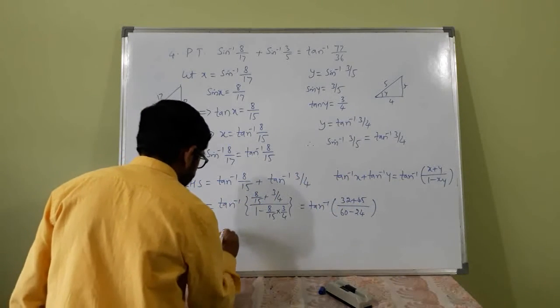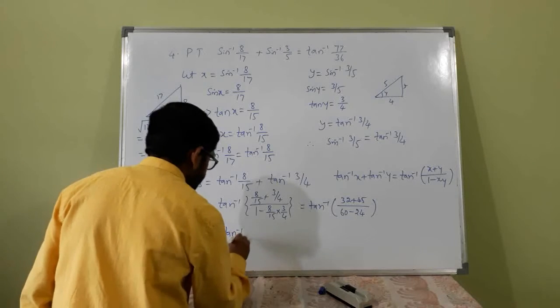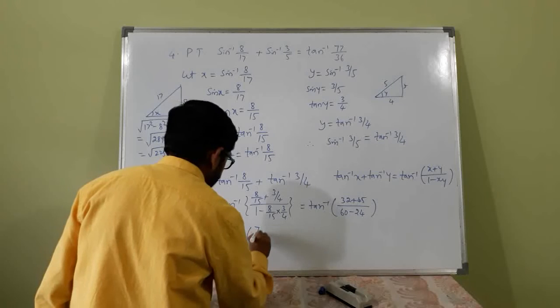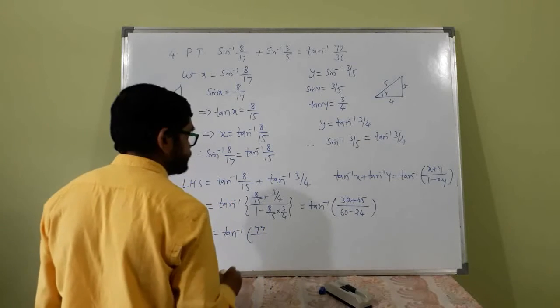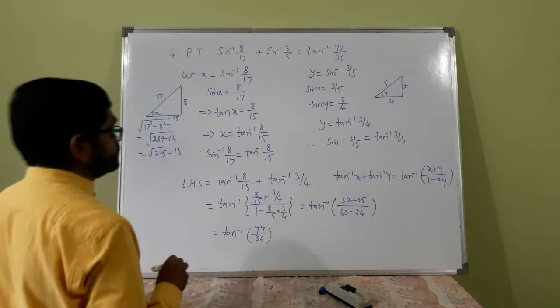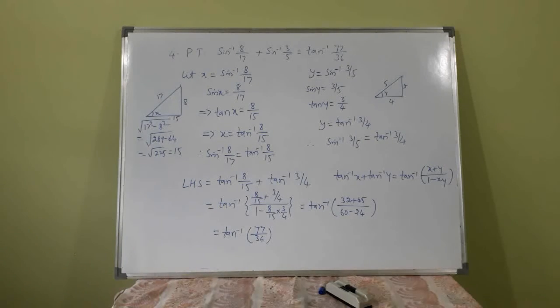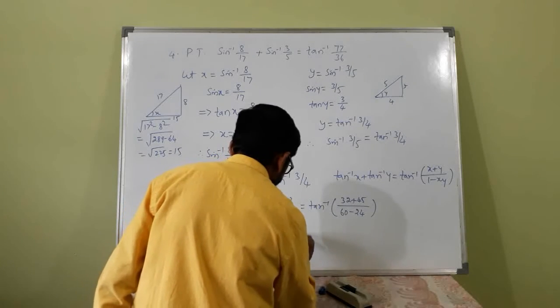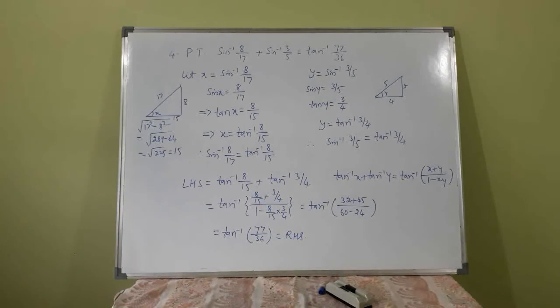That is tan inverse of 77 divided by 36, that is the required RHS. So LHS and RHS are the same. Is it okay?